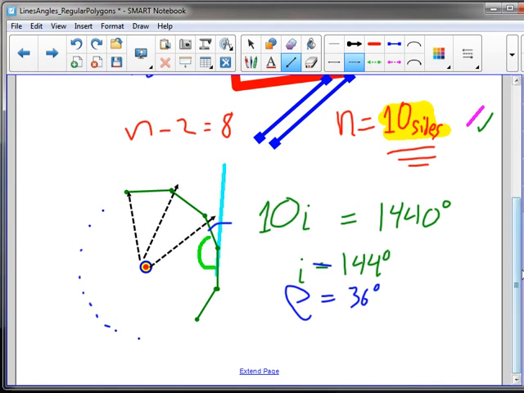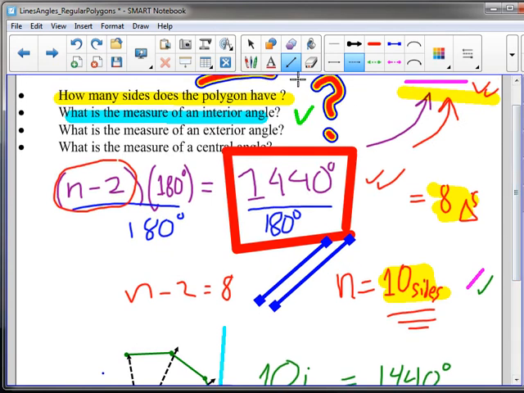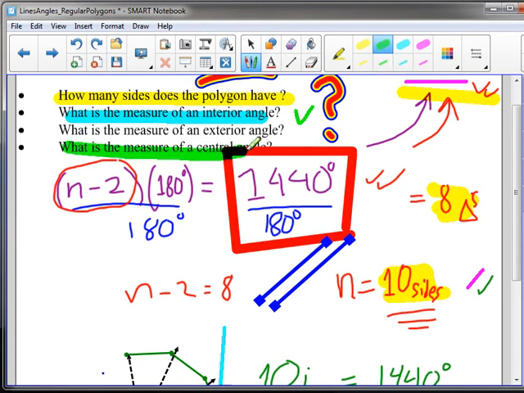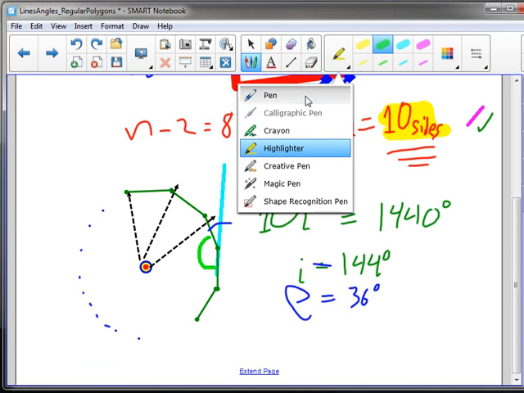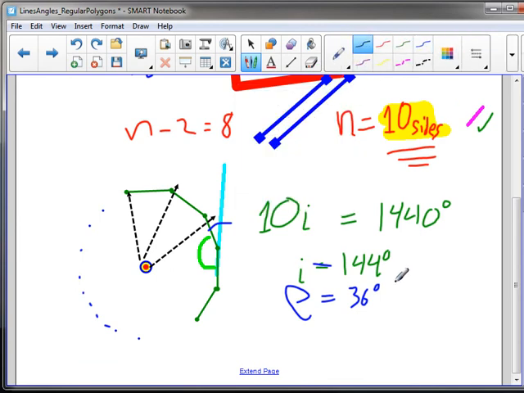They're going to be 36 degrees, but let's just take a look. A little messy, but we're almost done. What's the measure of a central angle? I know that the central angle is the same as the exterior angle, so this has got to be the central angle. Has to be 36 degrees.